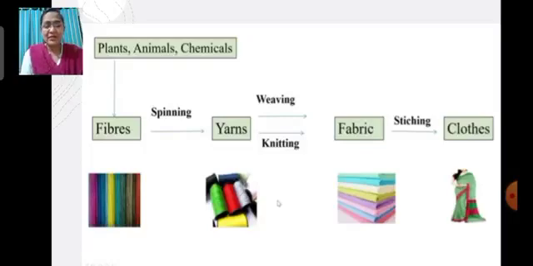Fibers which are obtained from plants, animals or chemicals are converted into yarns after spinning, and then yarns are converted into fabrics by weaving or knitting, and ultimately fabrics are converted into clothes by stitching. So I really hope that now you have learnt all the steps which are involved to get fabric from fiber.